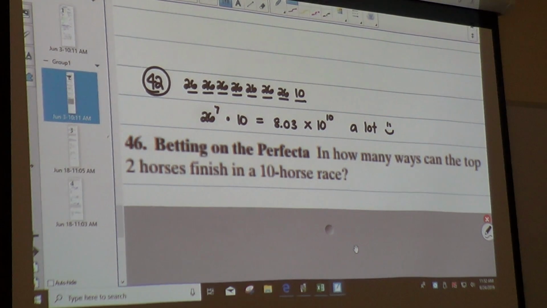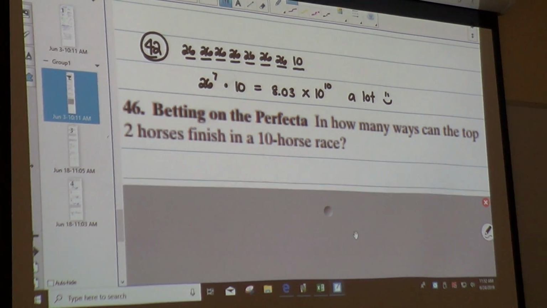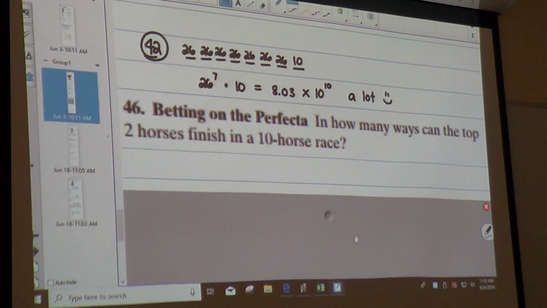Permutation, combination? I want to say that order is important because it says the top 2 horses. So I want to know first and second place. Because I want to know first place and second place, order matters. So that means it's going to be a permutation problem.